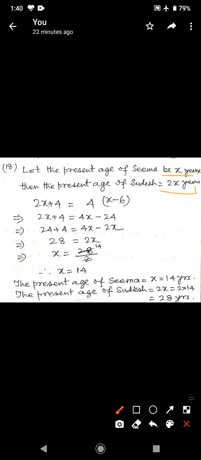Now according to the question, if 6 years is subtracted from Seema's age, it becomes x minus 6, and 4 years are added to Sudesh's age, the present age of Sudesh is 2x. So it can be written as 2x plus 4 equal to 4 times (x minus 6).